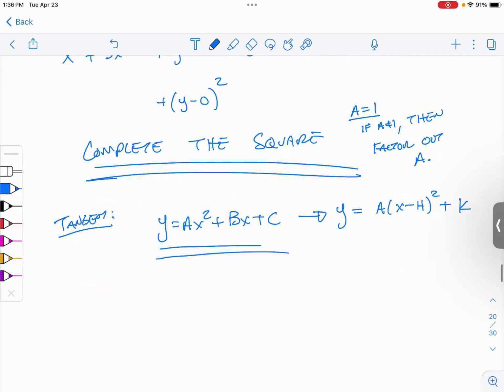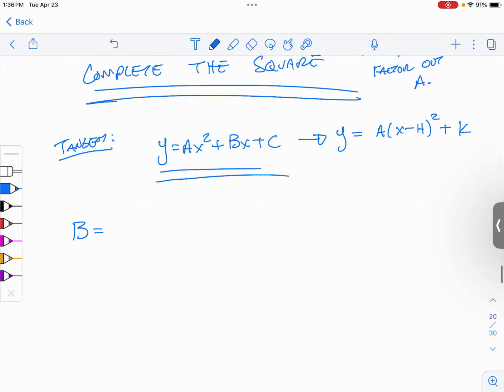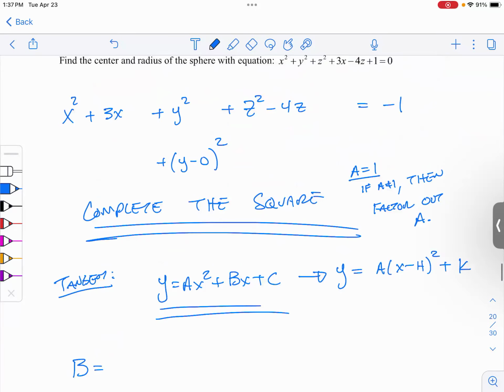Then the big thing is you identify the b term. We identify b, and I like to go all out here. Then I identify b over 2, and then I identify the c term, which is b over 2 squared. For our first one, when I'm talking a's and b's, I'm talking about standard quadratic form. So a is 1. What is the b term? 3.